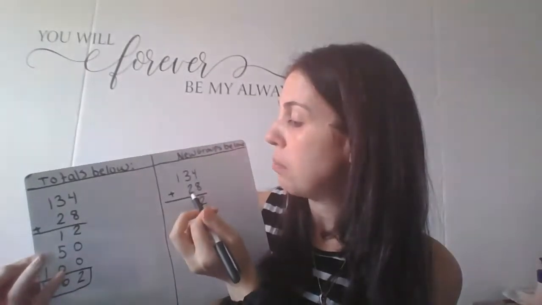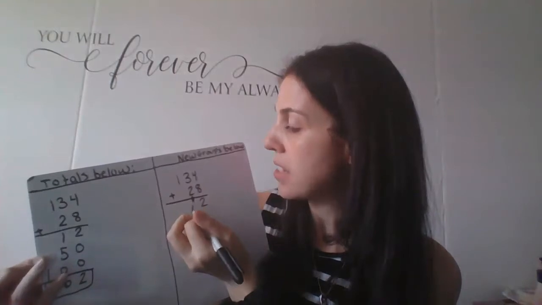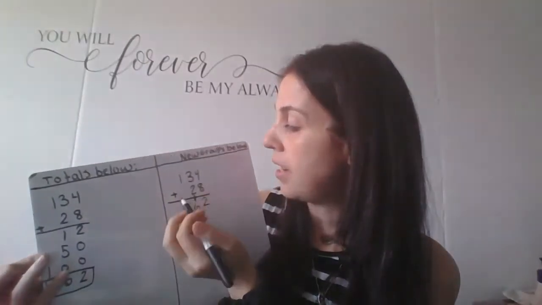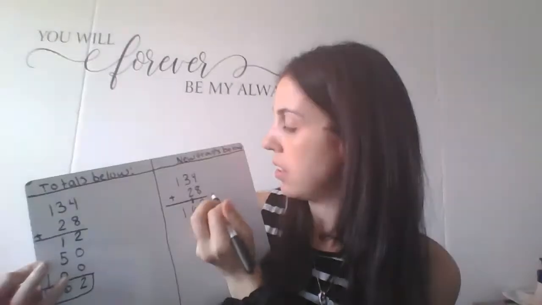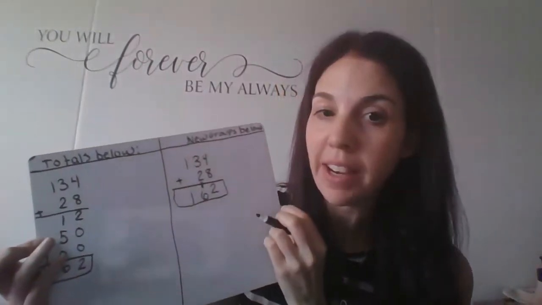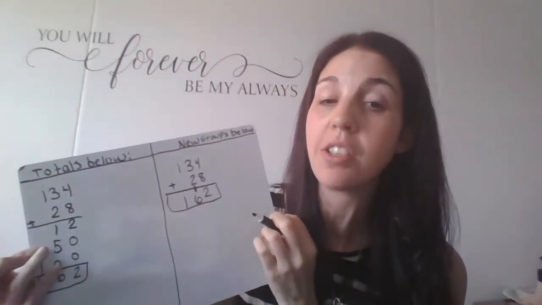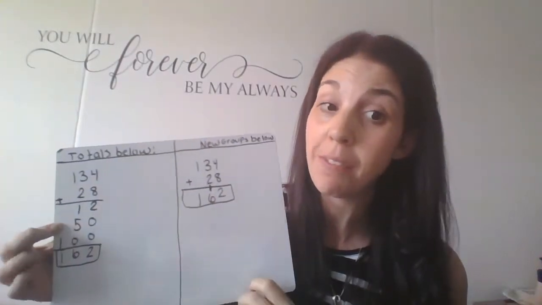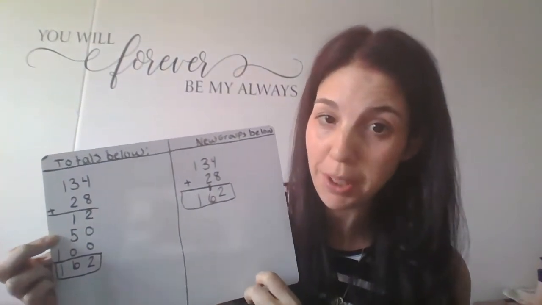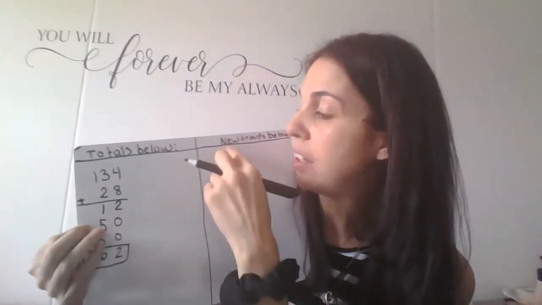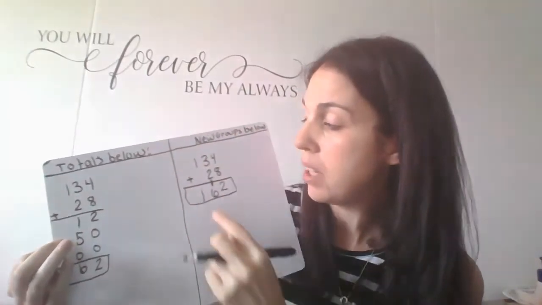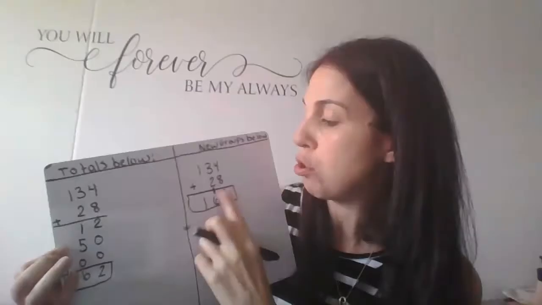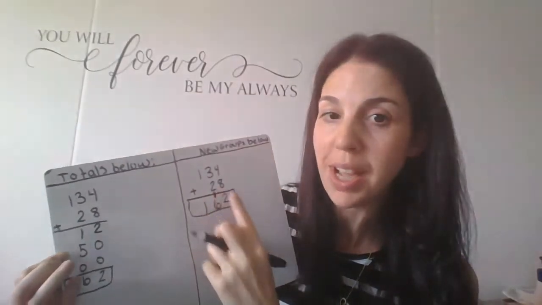Now 3 plus 2 plus 1 is going to give us 6, and our 100 is 1. New groups below is very similar to the standard algorithm that we are familiar with. I'm familiar with it. Your parents are probably familiar with it, where you kind of carry the 1 and the 1s go on top, except that this is new groups below and the new group goes on the bottom.